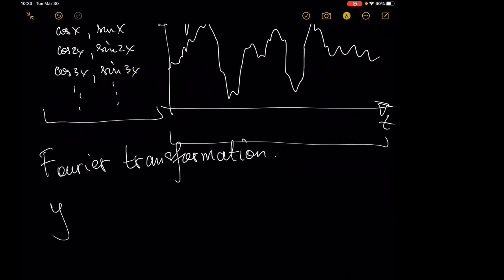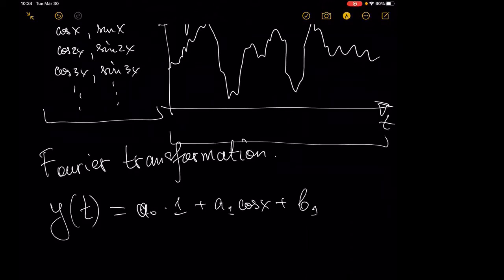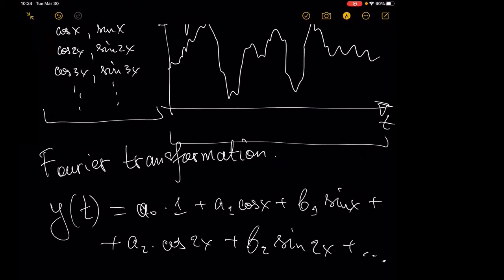So when you represent your y of t, your amplitude, as let's say A naught multiplied by 1 plus A1 multiplied by cosine of x plus B1 multiplied by sine of x plus A2 multiplied by cosine of 2x plus B2 multiplied by sine of 2x plus and so on.